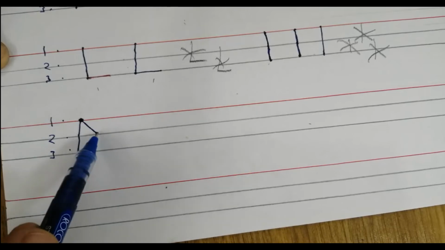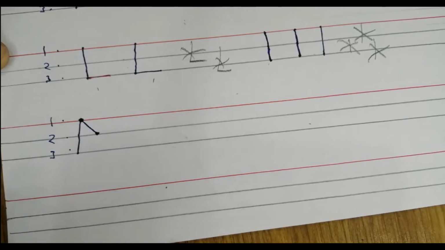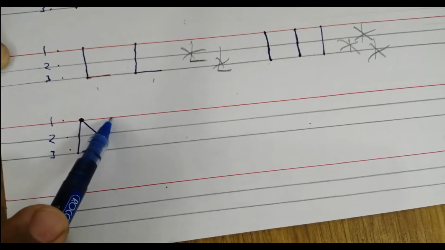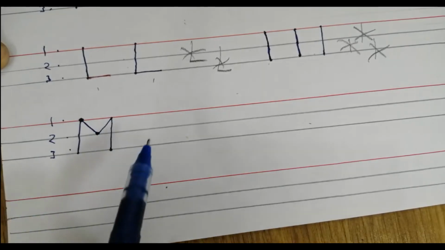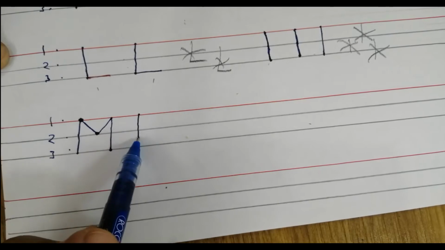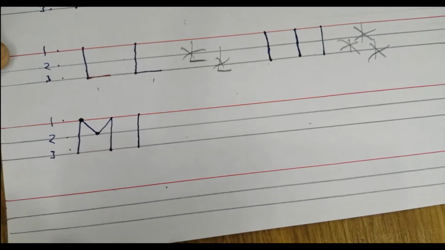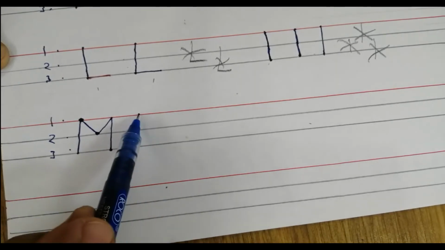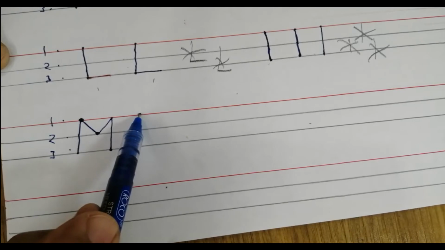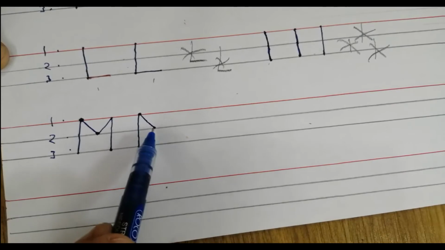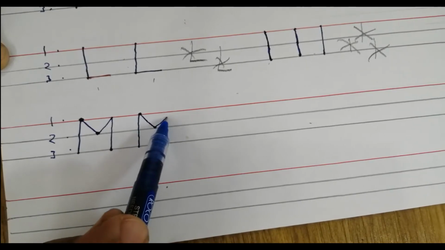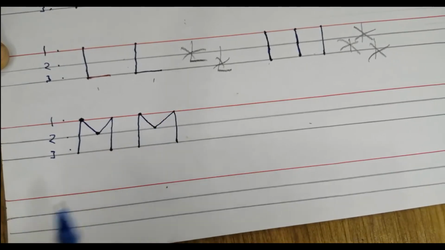You see, from here we have a dot, and go up and down. Again, from number 1 to number 3, and a falling line from number 1 to number 3. It shows number 2, and from number 2 up, down.